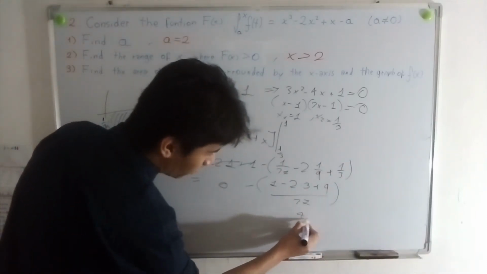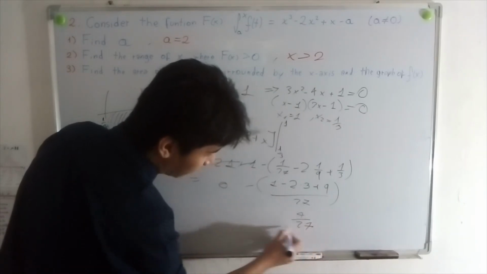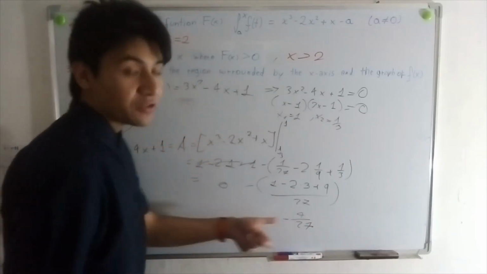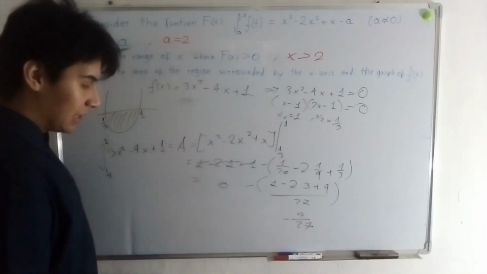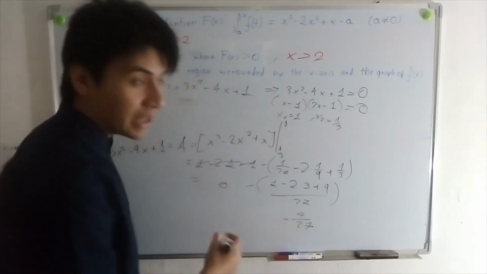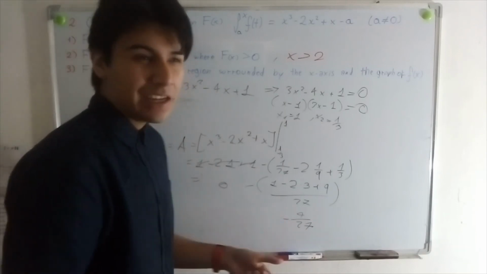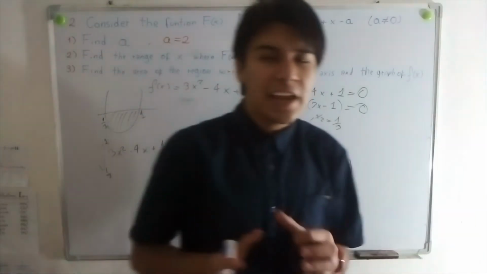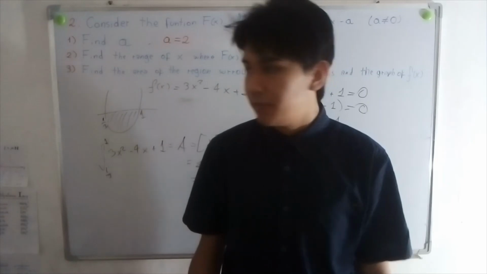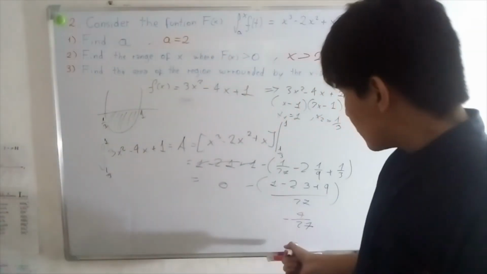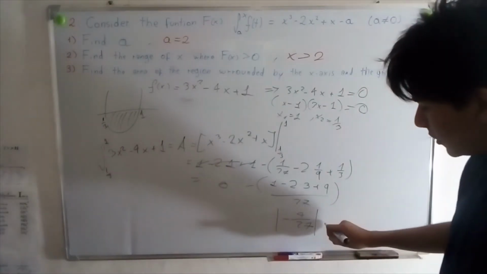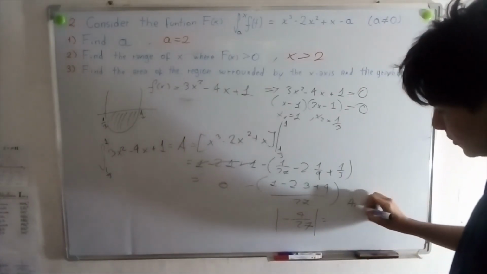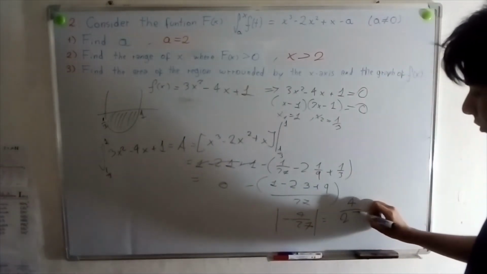That is 4 divided by 27, minus 4 divided by 27. That is the area, but that is negative, and an area isn't negative. So with the absolute value it is positive, 4 divided by 27.